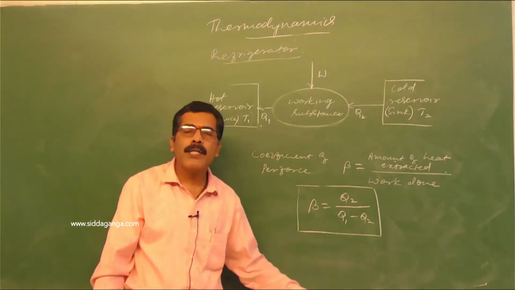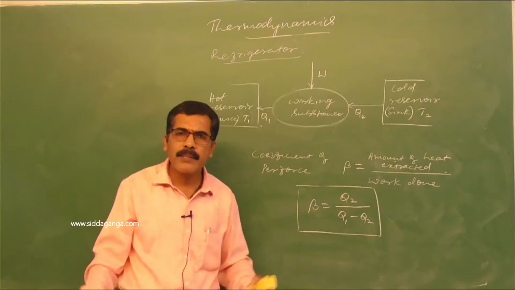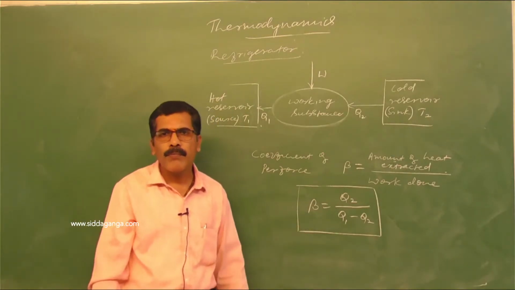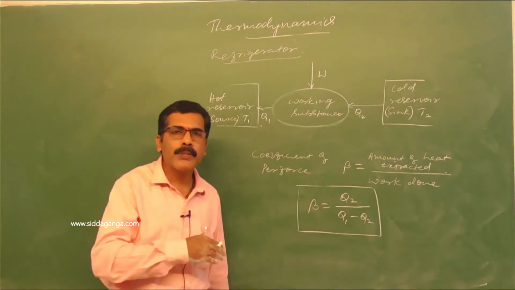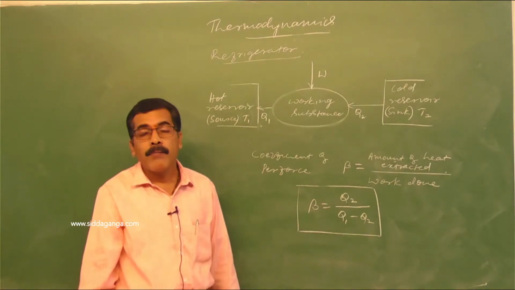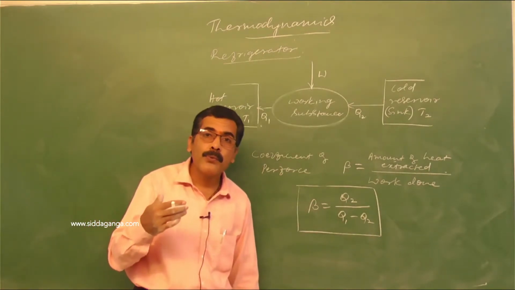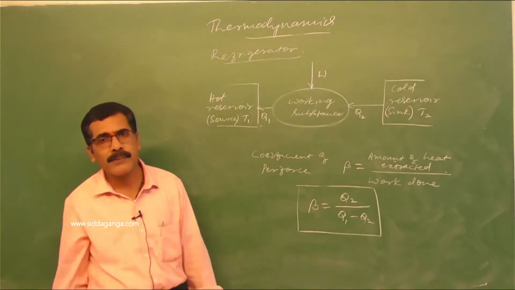The value of beta gradually increases. Initially it will be low, then gradually increases. For domestic refrigerators, the value will usually be less than 10, in the range of 6 to 8 or 6 to 9. Remember, in the case of a heat engine, with usage, efficiency decreases gradually because of energy loss.